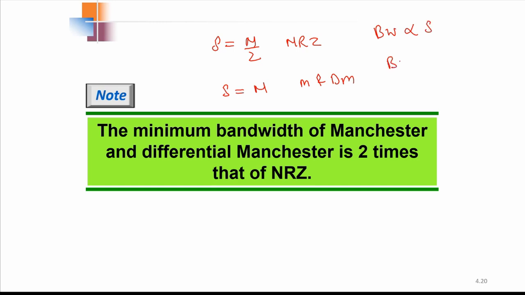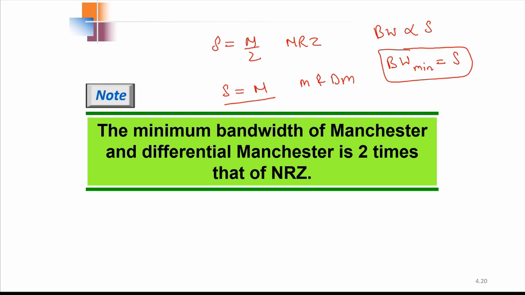So if we talk about the minimum bandwidth and compare these two, the minimum bandwidth in Manchester and differential Manchester is 2 times the NRZ. So this is the NRZ. If it is 2 times the NRZ, then the bandwidth is higher in case of Manchester and differential Manchester.